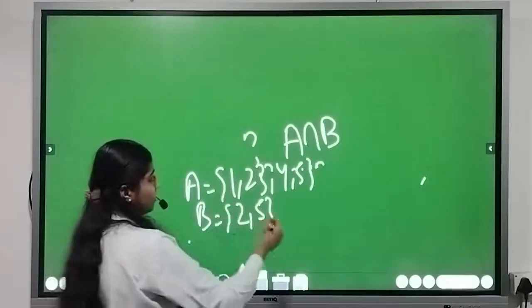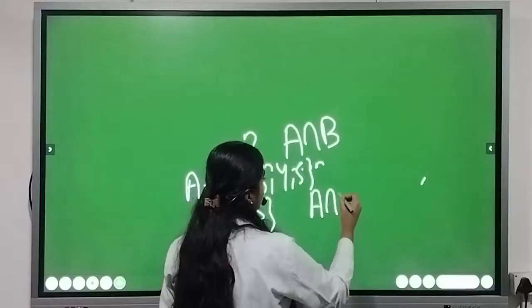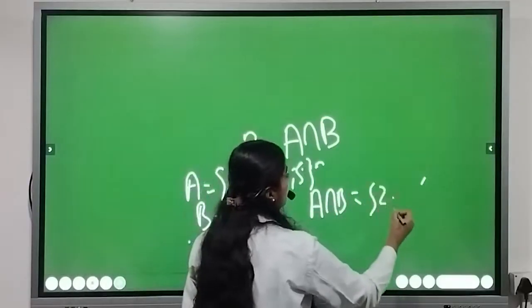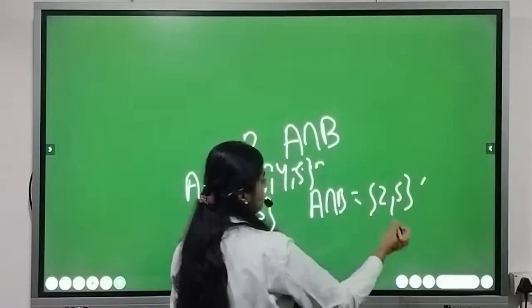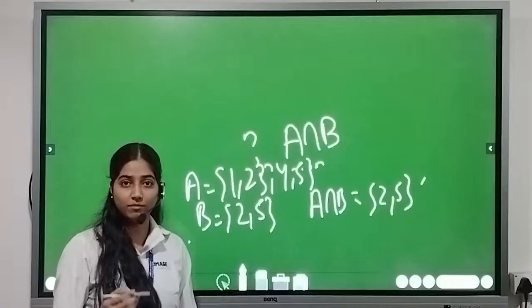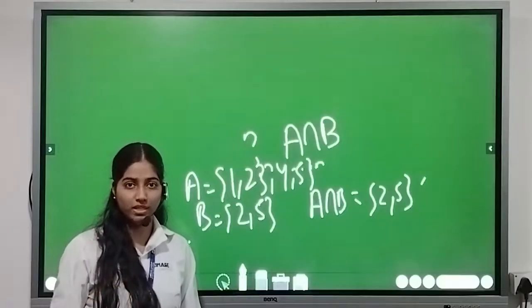So the common elements between A and B are 2 and 5, which are present in A, so 2 and 5 will be A intersection B. The mathematical definition of intersection is X such that X belongs to A and X belongs to B.